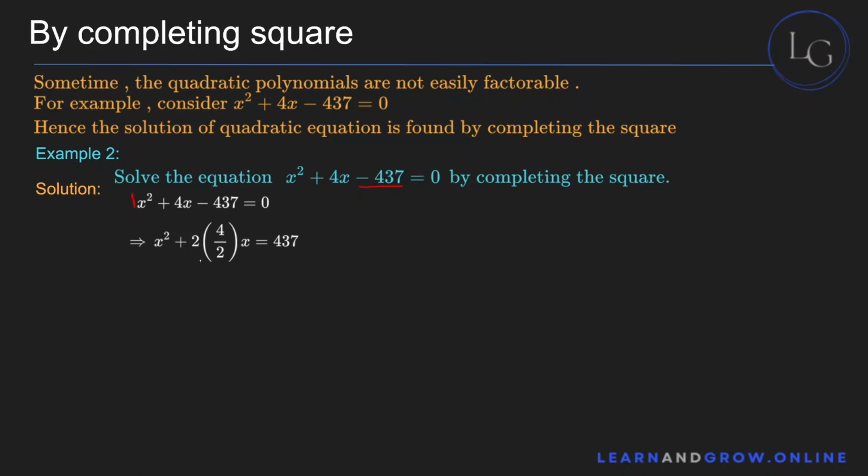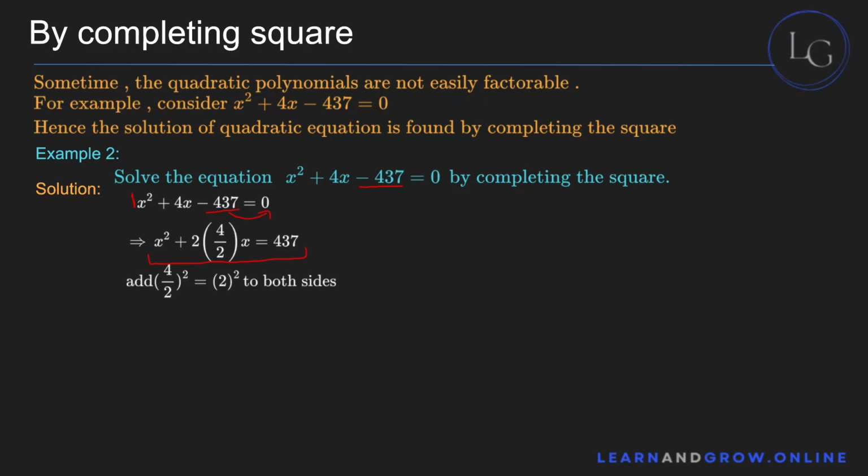And you'll take 2 outside so that it cancels out. So you'll put this in this form, and then you'll take the c term and put it on the right hand side. So minus 437 becomes plus 437. After doing those three things, you get this here.